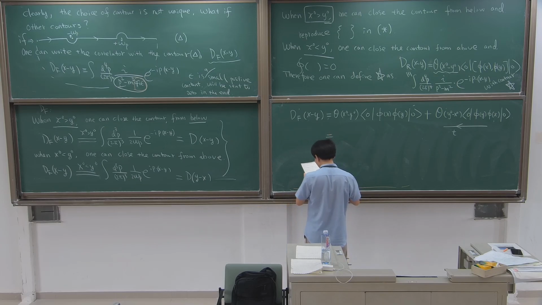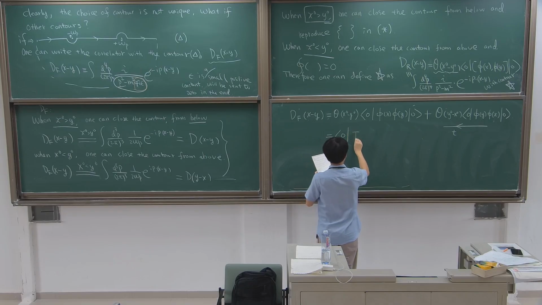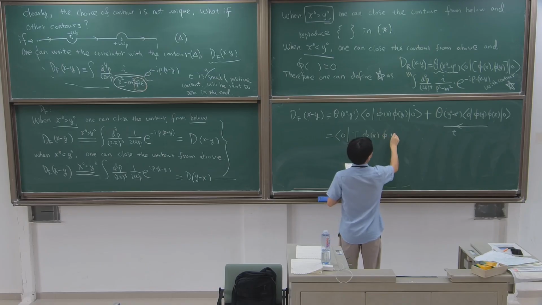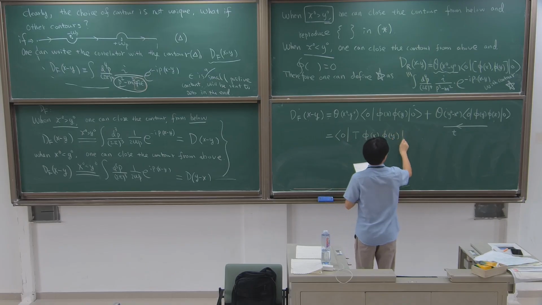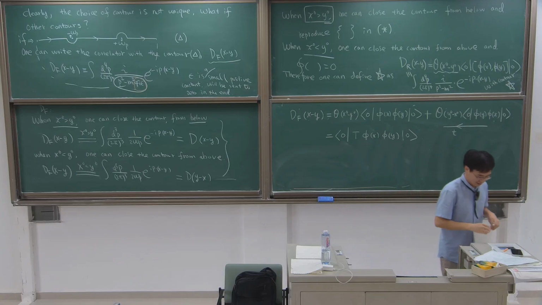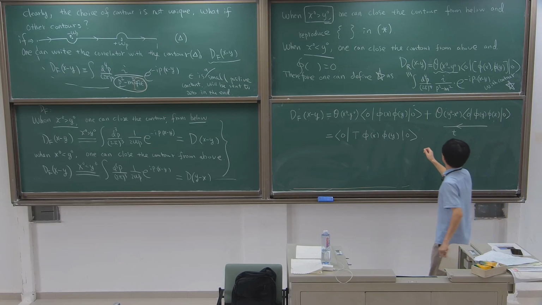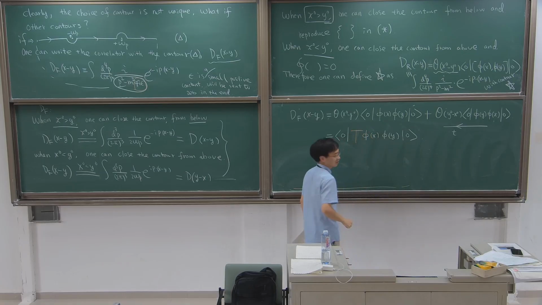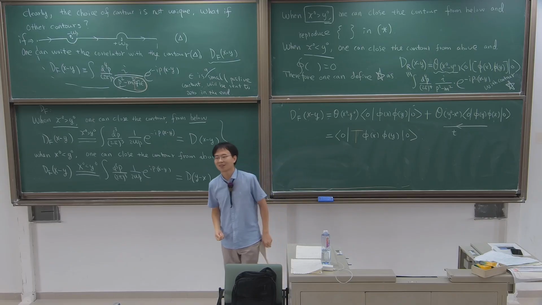So for this reason, we define this kind of propagator, or two-point function, as time ordered. I use a simple way to write this object: I'm just using a T here. T is the time order operator.